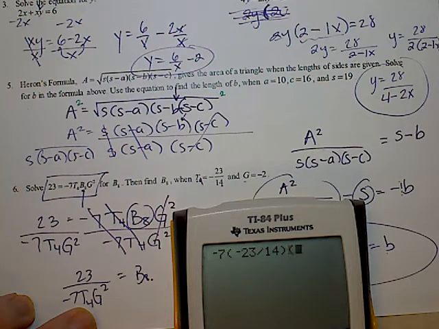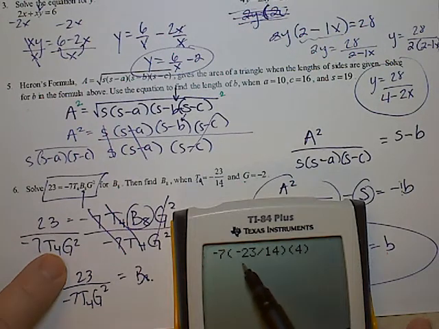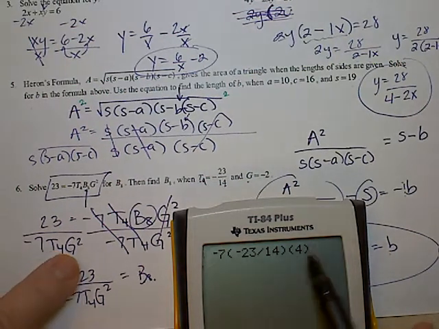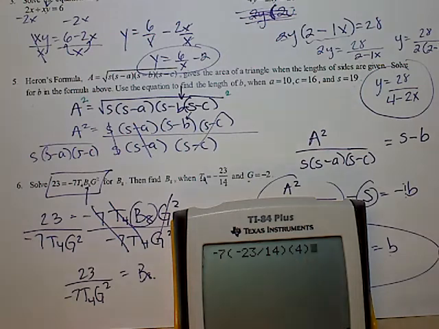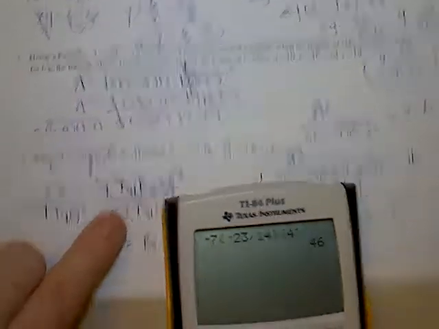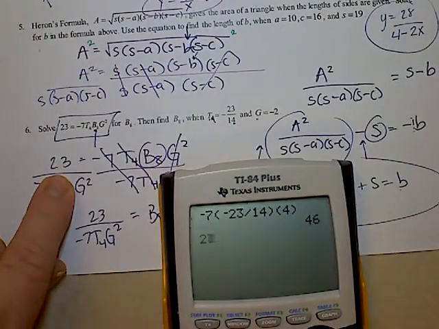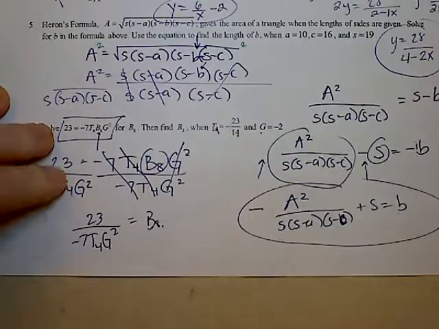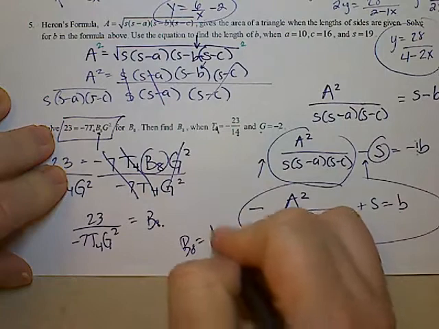So I know negative 2 squared, negative 2 times negative 2 is 4. This is the denominator, negative 7 times t sub 4 times g squared. Okay? And then I'm going to take 23 divided by this quantity, which is 0.5. So b sub 8 is 0.5.